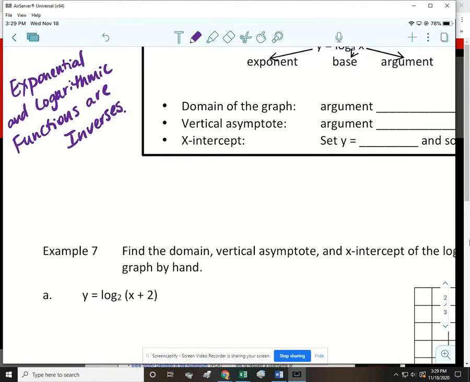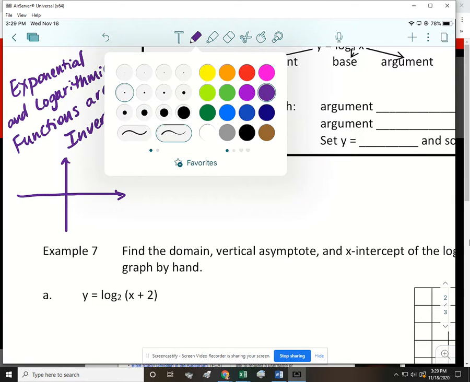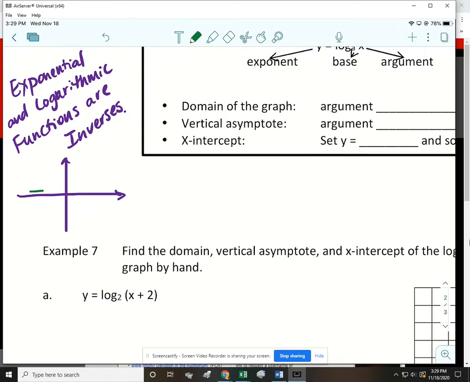All right, so we spent Monday or Tuesday graphing exponential functions, and if you guys remember, they looked like this. They had a horizontal asymptote and then got bigger and bigger.